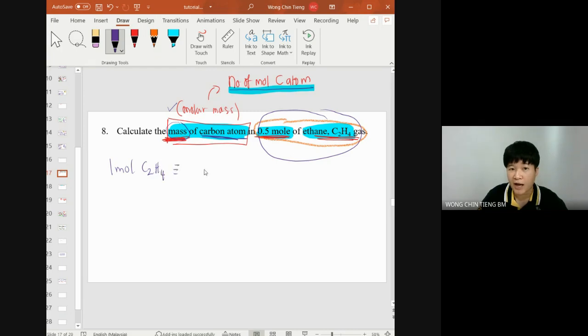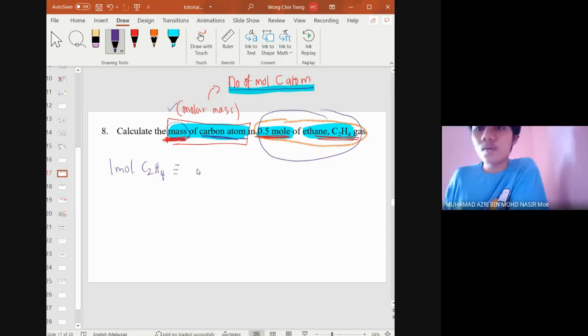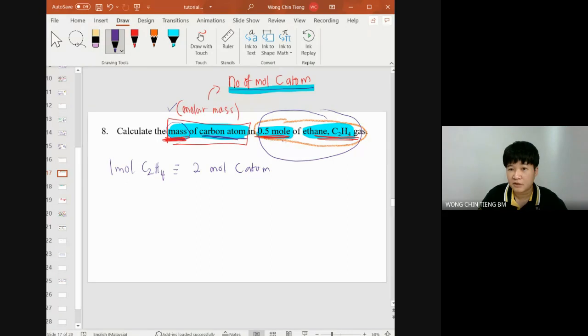How many mole of carbon is in there, Azri? Yeah. 2 mole carbon atom. Right? Betul? And we don't have 1. We only have 0.5. And work it out. Easy?